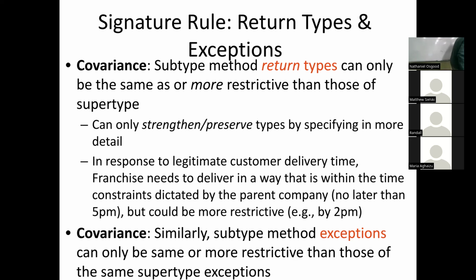But in the subtype, we could be more specific than that. We could say we're going to throw a stack overflow exception or whatever, or a divide by zero exception. And that would be more specific. That's fine. Anyone who calls foo thinking it's a C should be able to handle any runtime exception, and we're just going to be more particular. We're going to be more specific. Just like we can be more specific about when we deliver the package, consistent with the rules for the subtype. These things have to be some subtype of this.